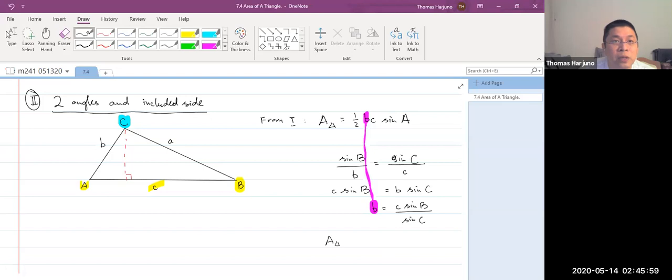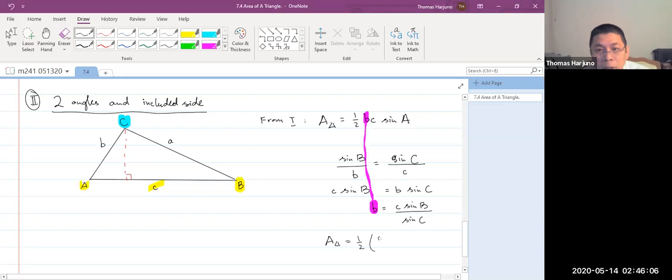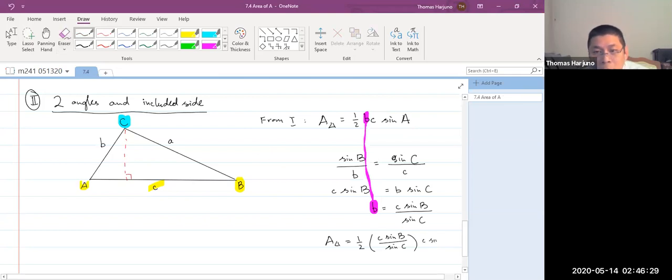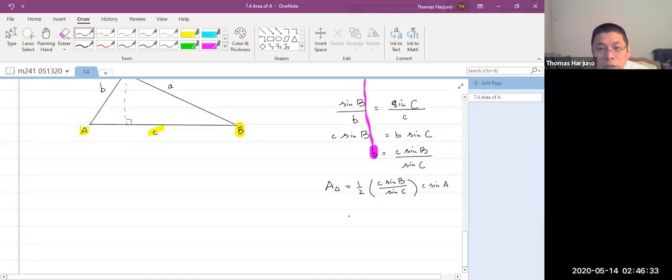The area now becomes 1/2, I replace the B by C sine B over sine C, times C sine A. So this equals 1/2 C squared sine A sine B over sine C.